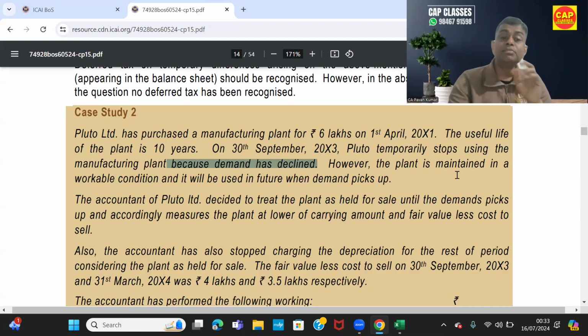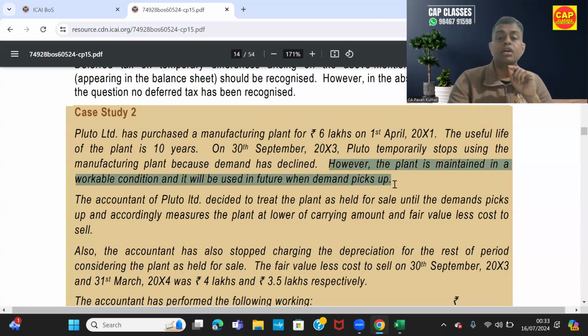However, the plant is maintained in a workable condition and it will be used in future when demand picks up. That means this asset is in working condition, has no issues at all, and is actually not held for sale. The company stopped using it because there is a fall in demand for the final product.